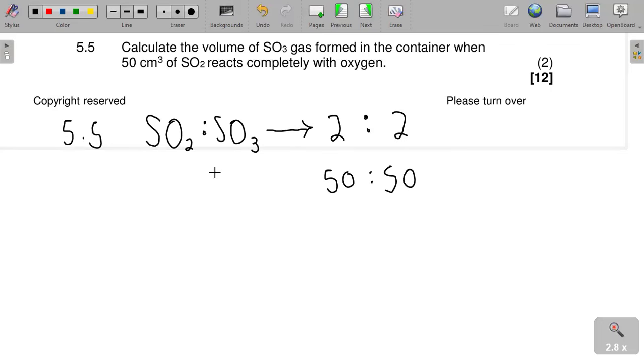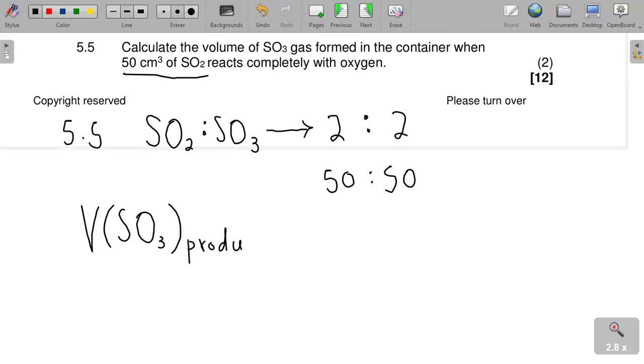So the volume of sulfur trioxide produced will be equal to 50 cubic centimeters because they have the same ratio.